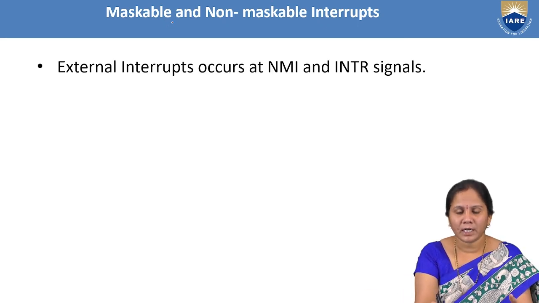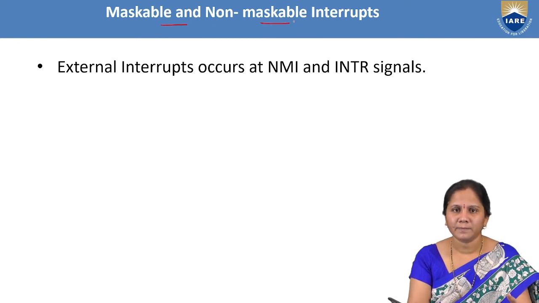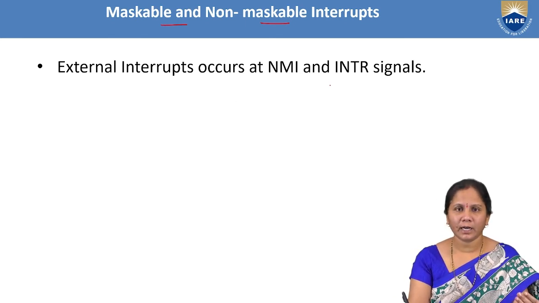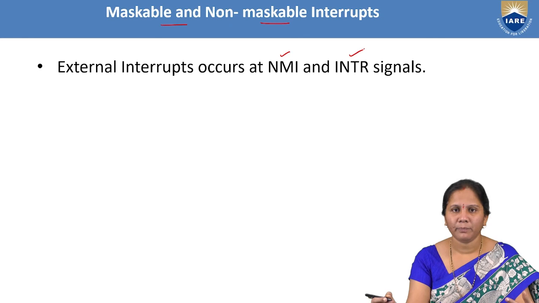And the next classification is maskable and non-maskable interrupts. Generally, we have talked about hardware interrupts, which can also be called external interrupts. Those external interrupts may occur through the NMI pin or the INTR pin of the 8086 microprocessor.